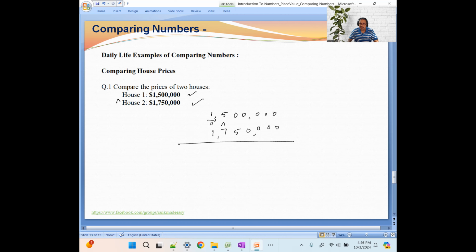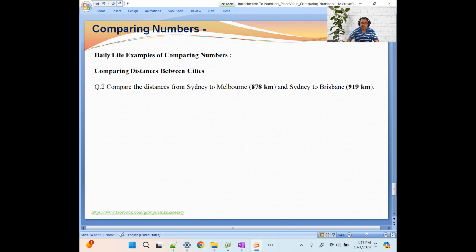Because 7 is greater than 5, the second number is greater than the first number. This is how you can do comparison using the place value table. But if you have good practice of the place value table, you will spell the numbers correctly. And when you spell the numbers correctly, by spelling itself, you can say which number is greater and which number is smaller. Okay, so let's take one more example.